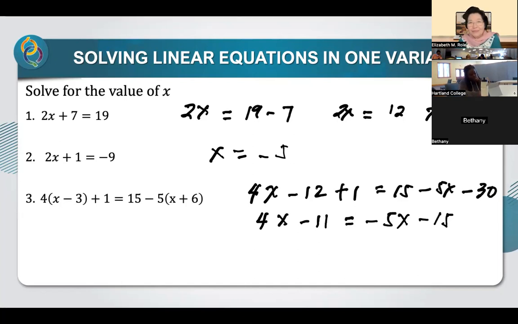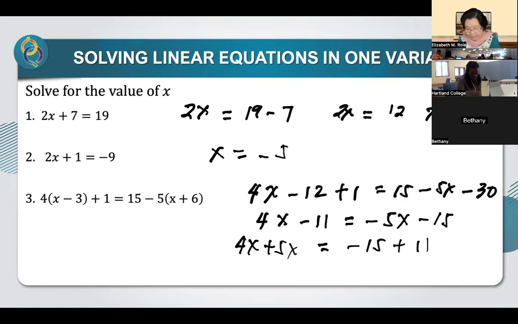Then we now do what we call transposition. Algebra is a science of transposition. So 4x plus 5x is equal to minus 15 plus 11.